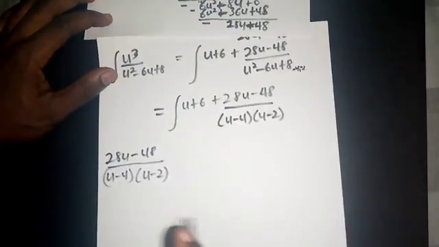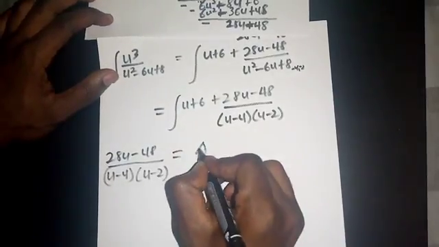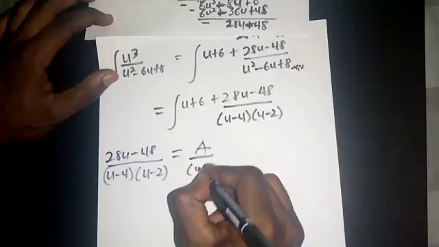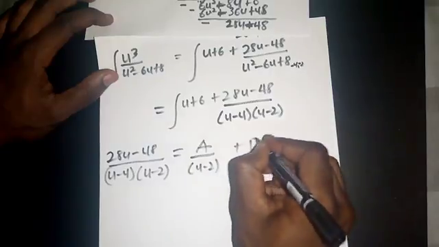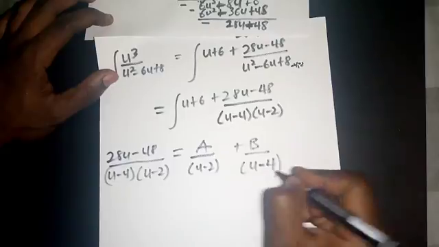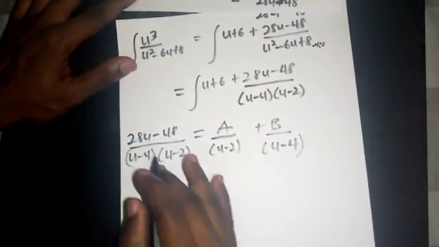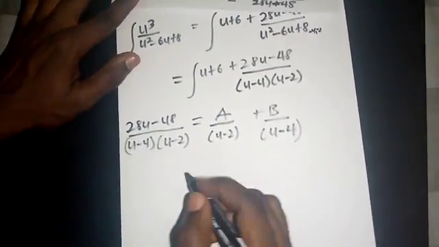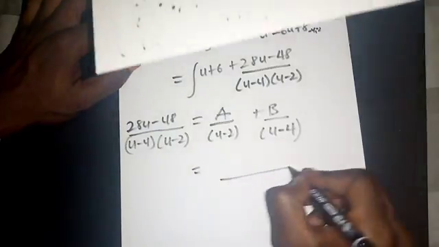This is written as A divided by u minus 2 plus B divided by u minus 4. Right? Okay. Now from here we find the LCM of this.